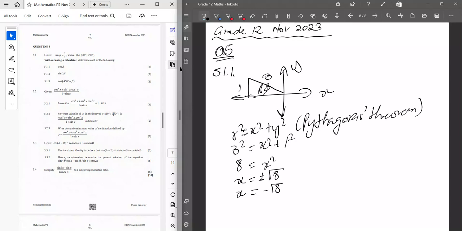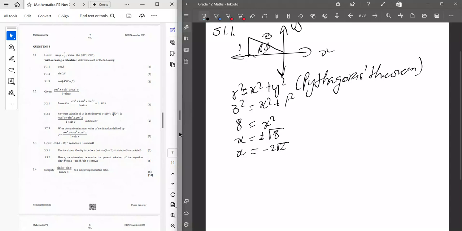Otherwise, they did say to you, do not use a calculator, but it will not be unfair if you say that this is basically equal to 2 square root of 2. But even if you say square root of 8, it's okay. But remember, this value is in the negative x quadrant, so it has to be a negative x value.